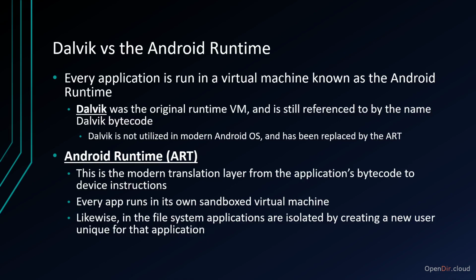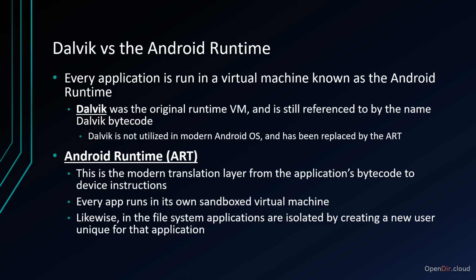The Android runtime is basically a modern translation layer from the application's bytecode to the device instructions. Think about it this way: every application is doing something to the device, right? Maybe it's accessing the camera, maybe it's interacting with the device in a certain way, waiting for input from the user. The Android runtime is how that information is translated to actual actions on the device.